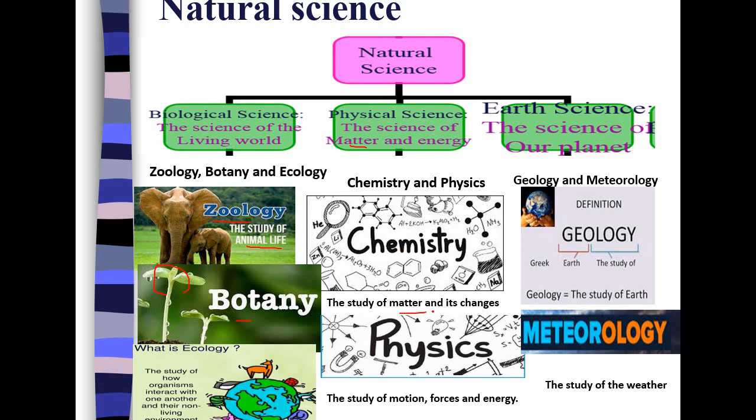Chemistry, the study of matter and its change, while physics, the study of motion, force, and energy. Earth science, the science of the planet, like geology and meteorology. Geology, the study of earth. Meteorology, the study of weather. When you study weather, this is called meteorology.